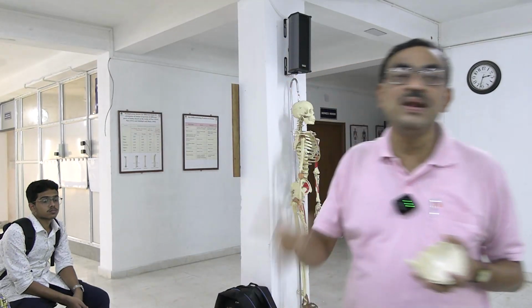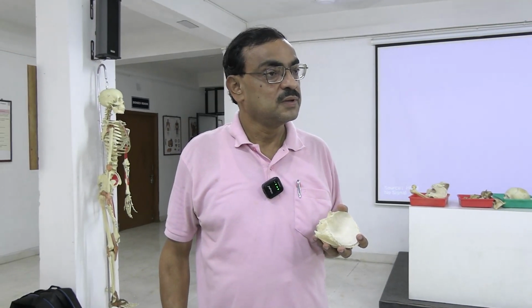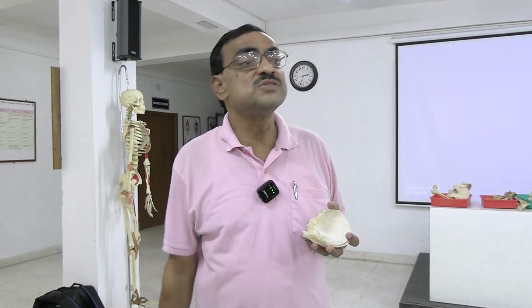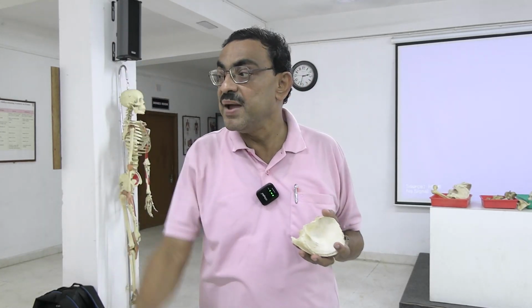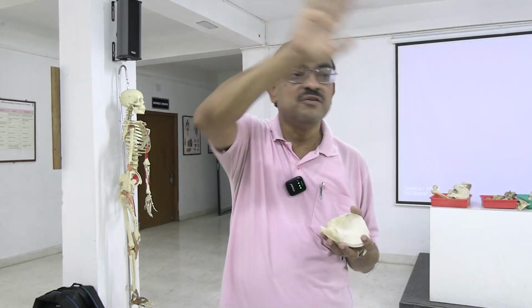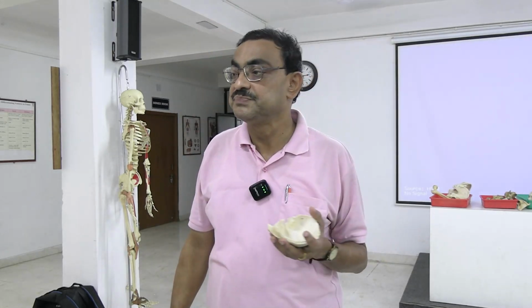So, in a long bone also we get outer compact bone, inner spongy bone, and most inside the medullary cavity. Most outside there is a very shiny layer called the periosteum.